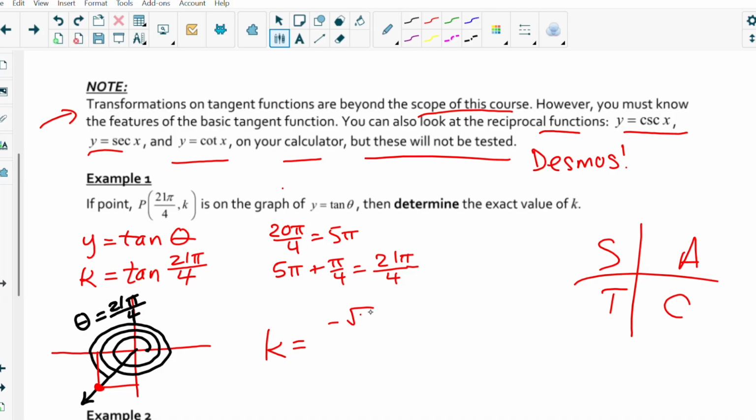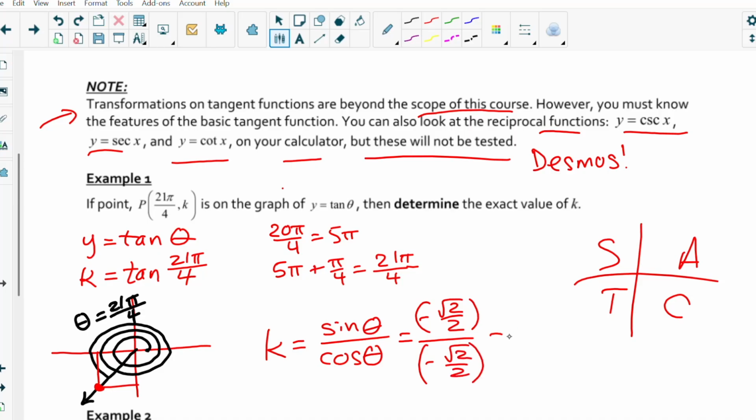I'm thinking sine of theta over cosine of theta. Sine of theta, the y value, is negative square root of 2 over 2, divided by the x value, which is also negative square root of 2 over 2. And that just equals 1. So k equals 1.